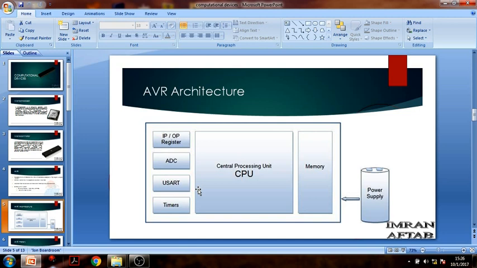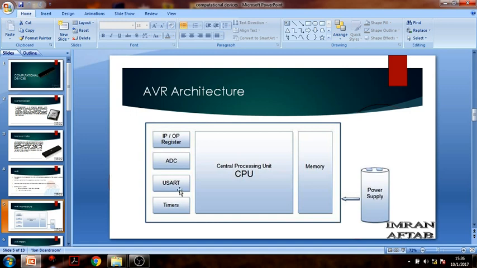So here we need to follow some protocol so that our machines can understand each other. A very simple protocol by which we can make communication between two devices is known as USART. Its full form is Universal Synchronous Asynchronous Receiver Transmitter.